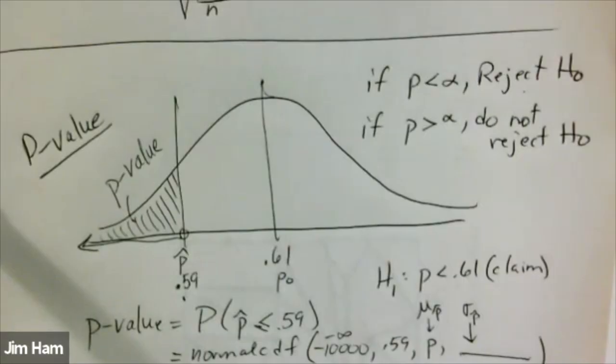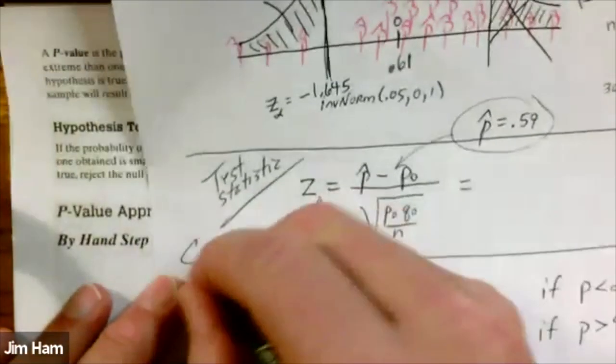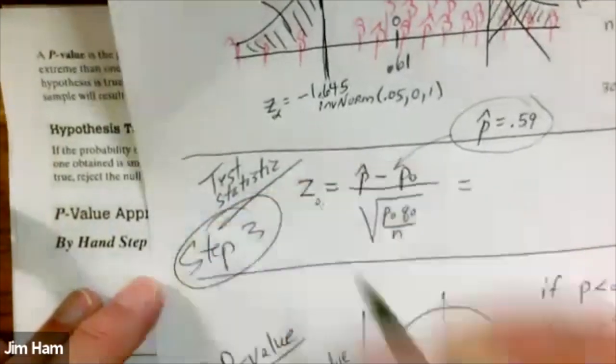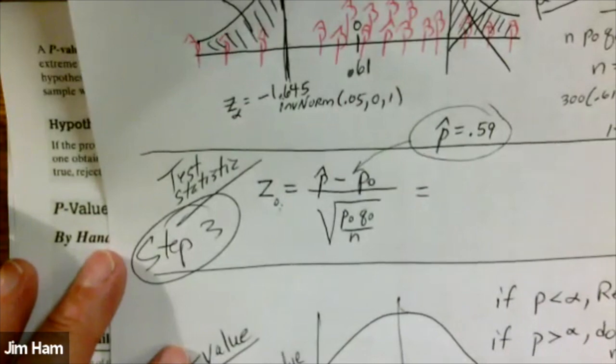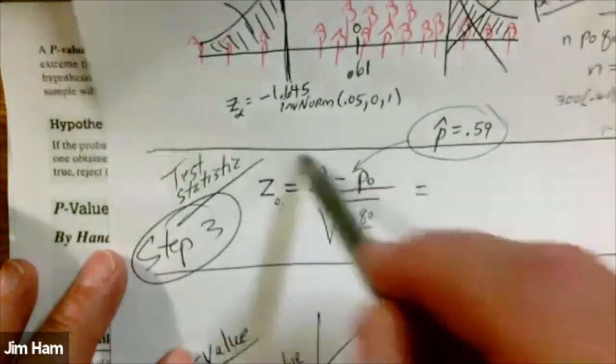All right, I know that I'm doing these in segments, so it's hard to see conceptually the whole process unless you see it from start to finish on a problem. So I just work through some of the details. Step 3, where all the work is done to help you make the decision, where you gather all the evidence, is always going to involve calculating the test statistic.